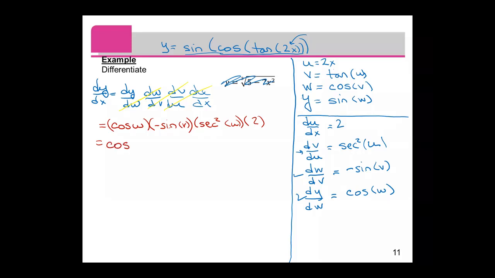And you can do it all at once or one at a time. So I'm going to do it faster because I know we have to get on with the groups. So w is cosine of v, but I know v is tangent of u, and I know u is 2x. So I can just plug it in. So w is cosine of v, and v is tangent of u, and u is 2x.